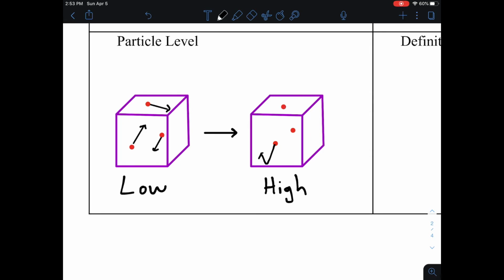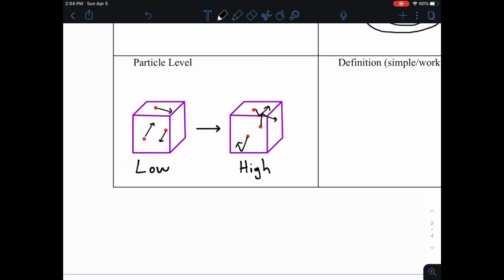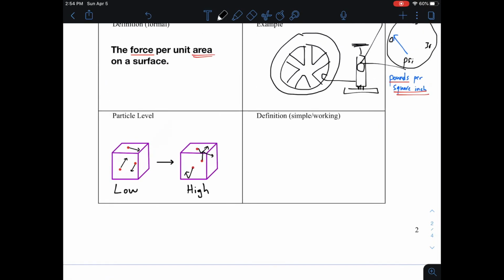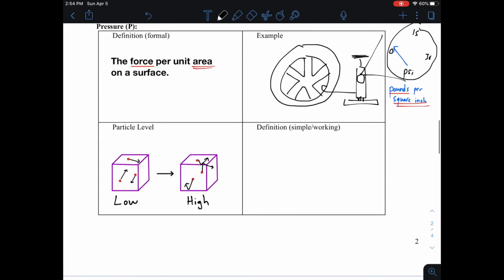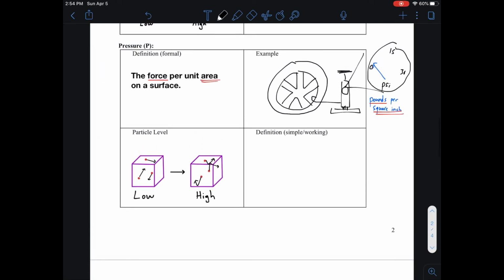That would cause them to collide more with each other and the walls of the container. Notice there's more collisions on the right-hand side because, well, it's a result of a higher temperature, but it's showing more pressure.